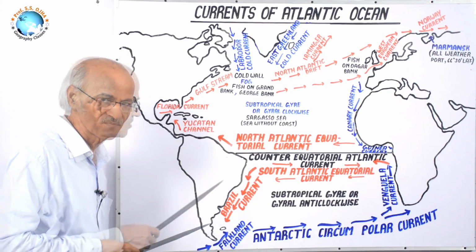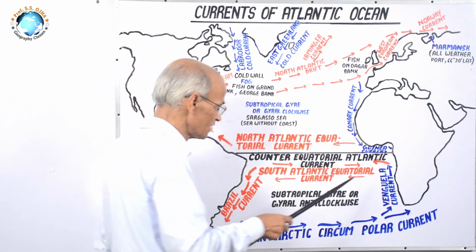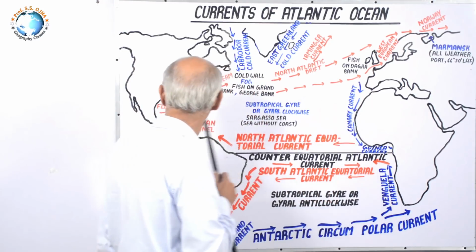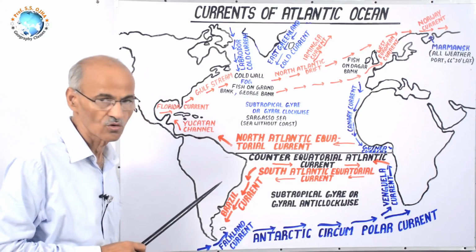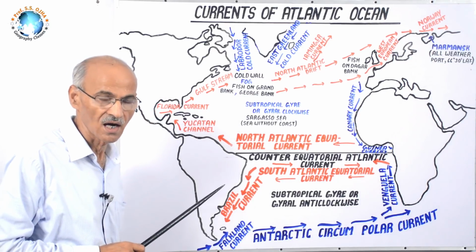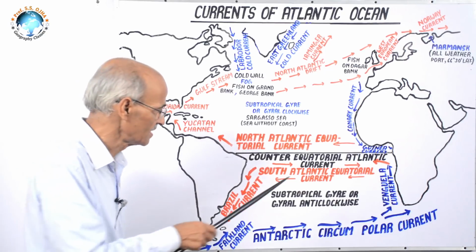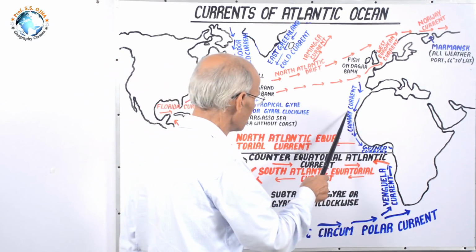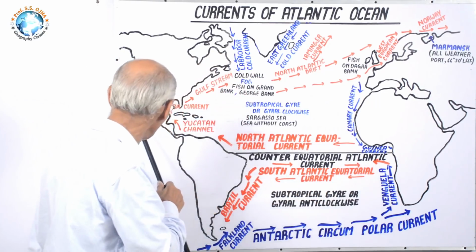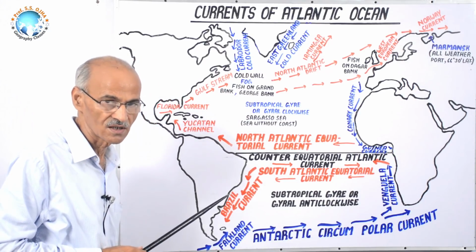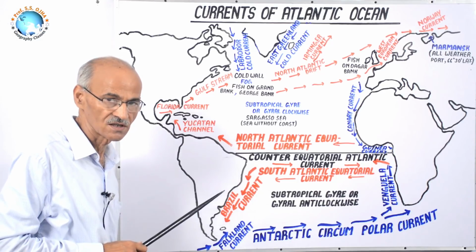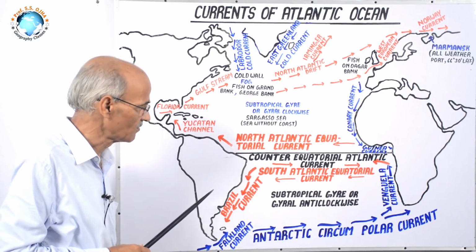In the same way, there are 4 cold water deserts, 1, 2, 3, 4, and these also witness the upwelling phenomena. Here is upwelling, here is upwelling, here also upwelling, here also upwelling. Why upwelling? It will be discussed in detail while studying upwelling.